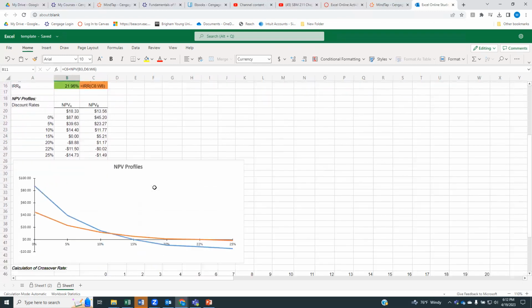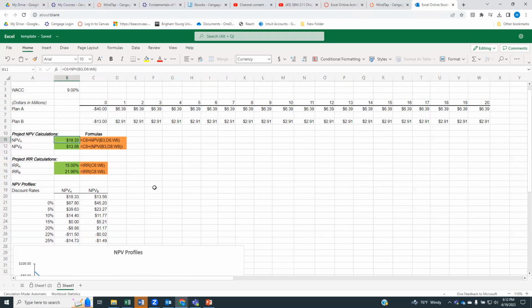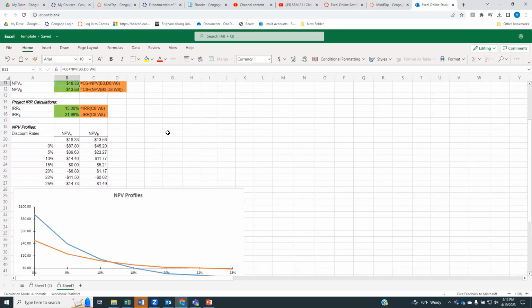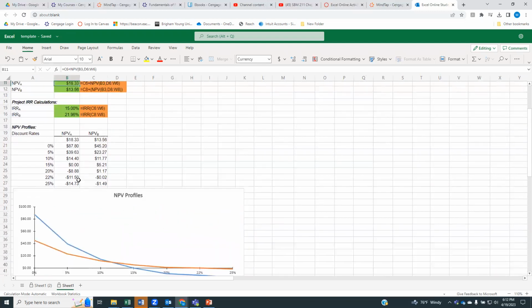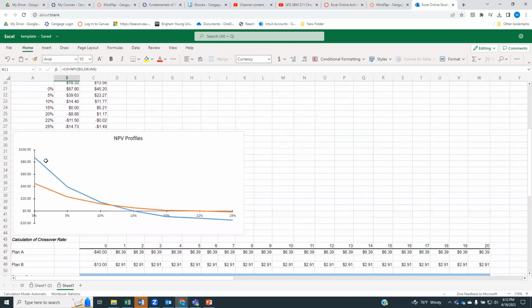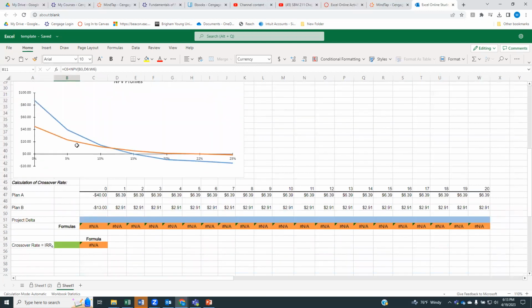Okay. All right. So nice. This Excel spreadsheet was set up so that it automatically graphed these net present values for us based on different discount rates. Okay, so we can see the NPV profile here, the blue one, which is for project A, and the orange one for project B. And we can see that these two cross.